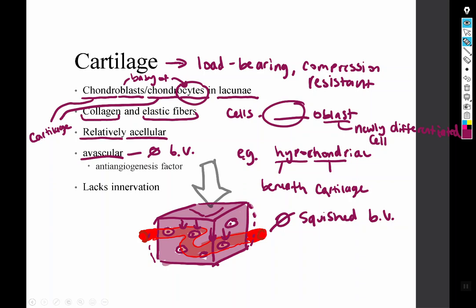Cartilage relies on diffusion from nearby blood vessels to get its oxygen and nutrients, and that works just fine, actually. So the chondrocytes that live in cartilage secrete an anti, which means against, angio, which means artery, genesis, creation, anti-angiogenesis factor.